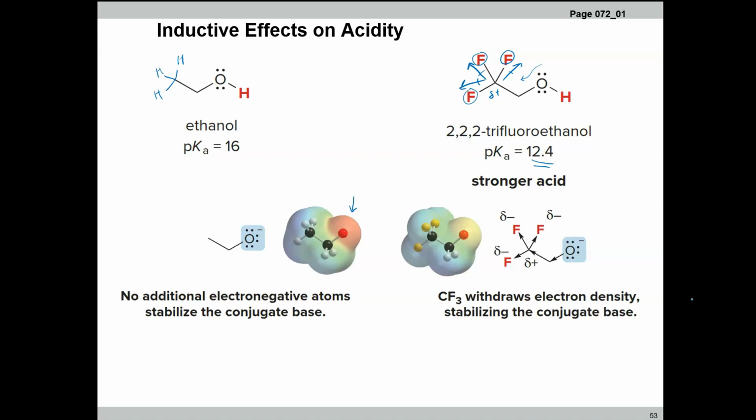When those charges are pulled towards the fluorines, that distributes the charge better, and this becomes a more stable conjugate base because we're able to distribute that negative charge throughout the whole compound. Anytime you can do that, that stabilizes the structure. So the release of that proton doesn't result in as strong a condensed charge state.